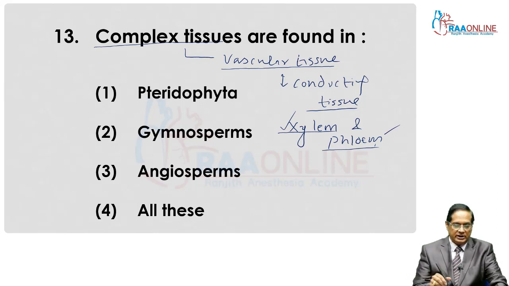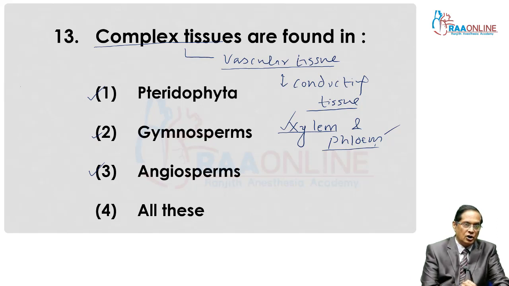But its location, that is its presence, is found in pteridophyte, in gymnosperm, in angiosperm. That is, all three have complex vascular tissue. It is not found in bryophyte. Vascular tissues are not found in bryophytes. They don't have vascular tissue.